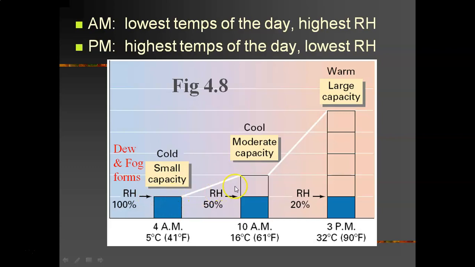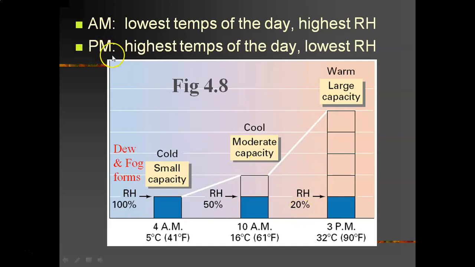And then as temperatures increase, you can see here, right at 10 a.m., we're holding half of what we potentially could. And so you can see we're only at 50%, and then in the afternoon, we've got a very, very large capacity, but we're still holding that little blue box, that same amount of water vapor, and we've reduced relative humidity to 20%.